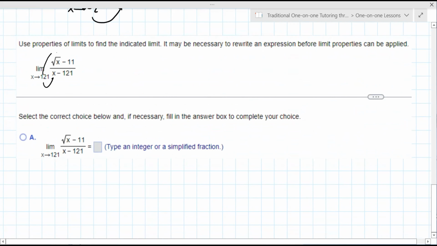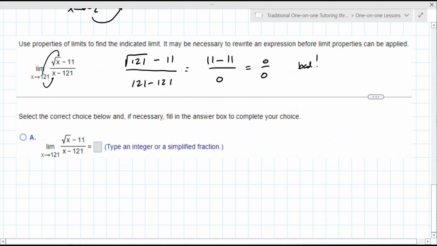You'd put the number in for x, and you'll see that it's the square root of 121 minus 11 over 121 minus 121, 11 minus 11 in the top, over 0 on the bottom, 0 over 0 again. So that's bad. I mean, what do we do? So I call it a non-obvious thing to do here because it really is. Until someone tells you to do this, you'd have no idea that this is what you're actually supposed to do in the next step here.